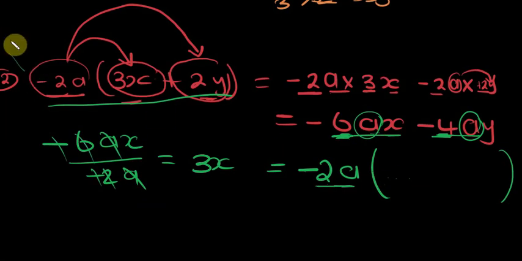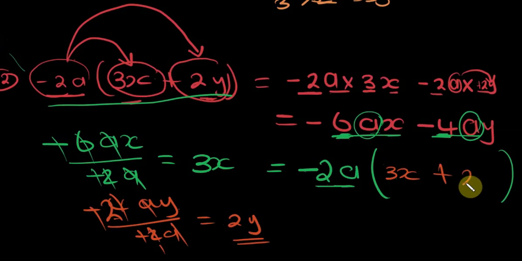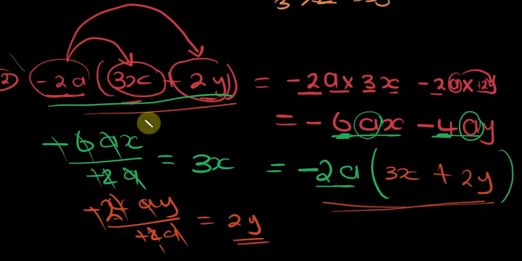So right there we have 3x. Do the same for the second term, minus 4ay divided by minus 2a. a and a cancel out, minus and minus cancel out. 2 into 4 is 2, so 2y. So we have plus 2y, which is exactly what we have there.